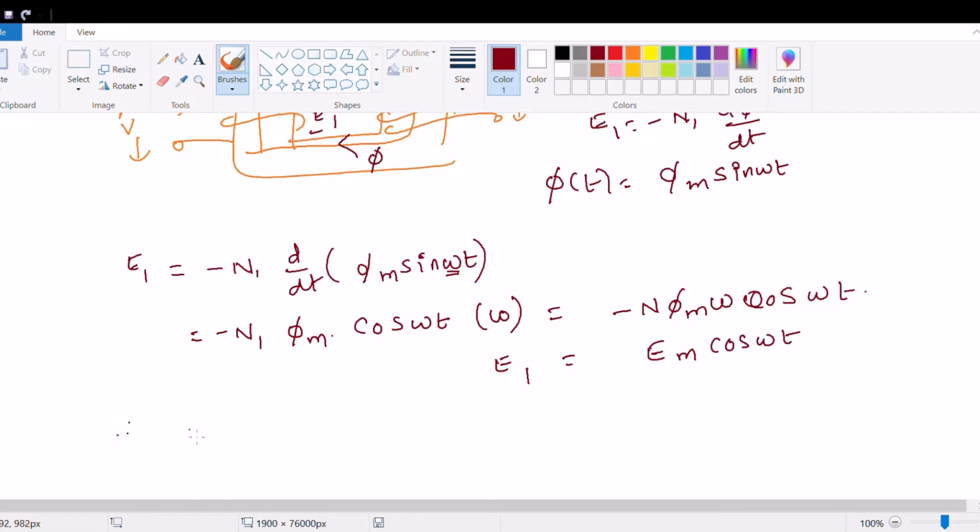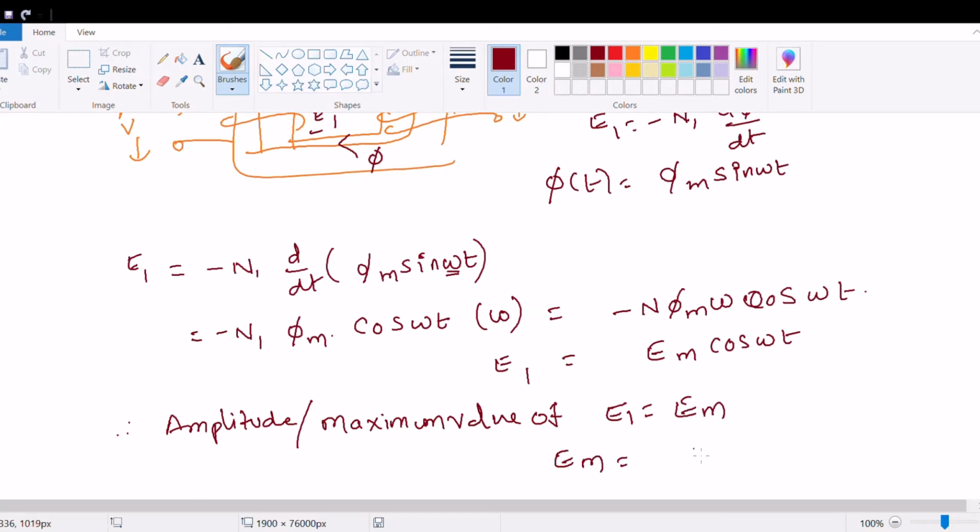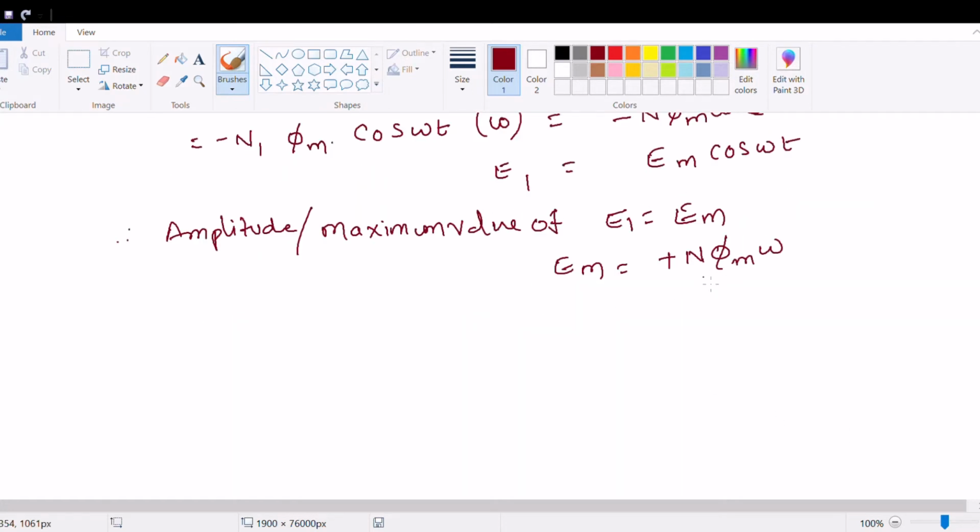Therefore the amplitude or maximum value of induced EMF E1 is Em. This Em is equal to minus N phi m omega, and it is a magnitude, so you can neglect the minus sign. And we always deal with RMS values for AC analysis.